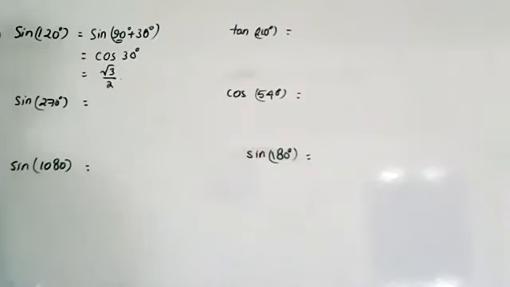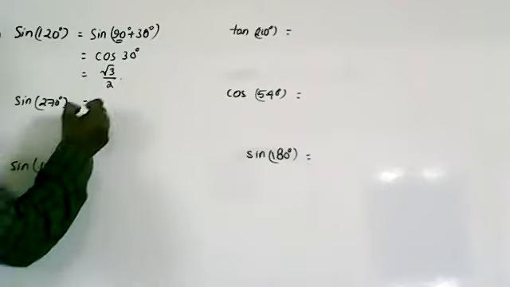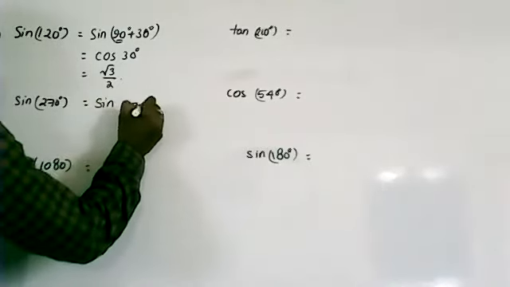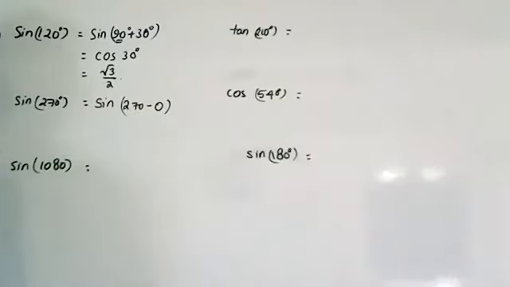Now, sine 270. How to find out sine 270? You can take this value as sine 270 minus 0, no problem.